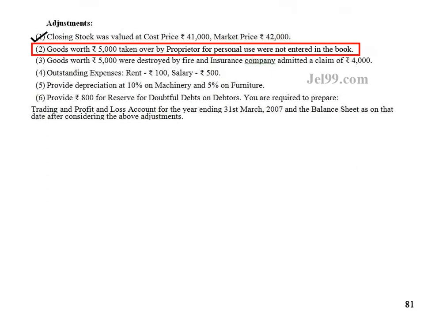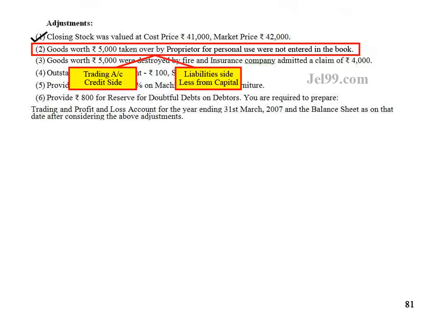Adjustment number 2, goods worth ₹5,000 taken over by proprietor for personal use, and it was not recorded in the books. This adjustment has two effects. First effect is shown in trading account, credit side, and the second effect is shown in balance sheet, liabilities side, less from capital.